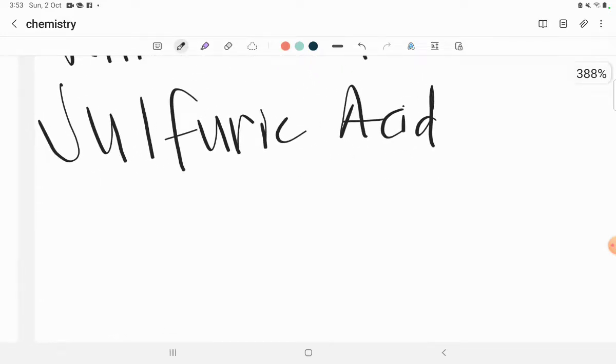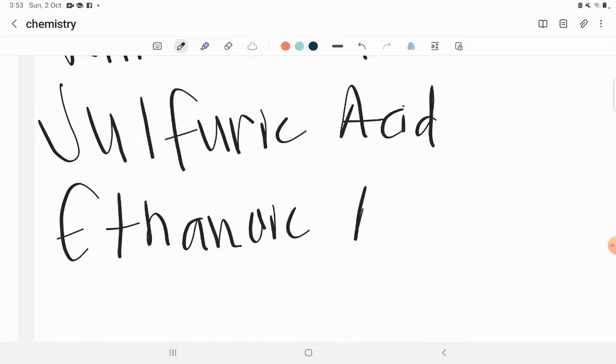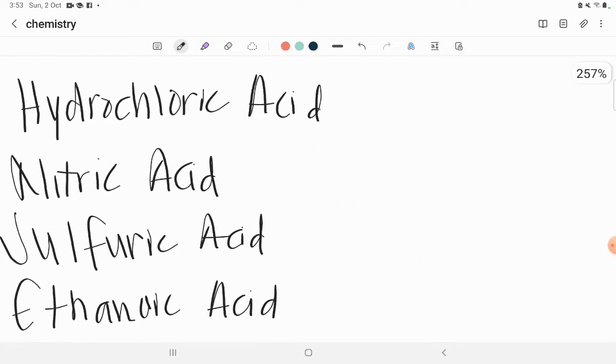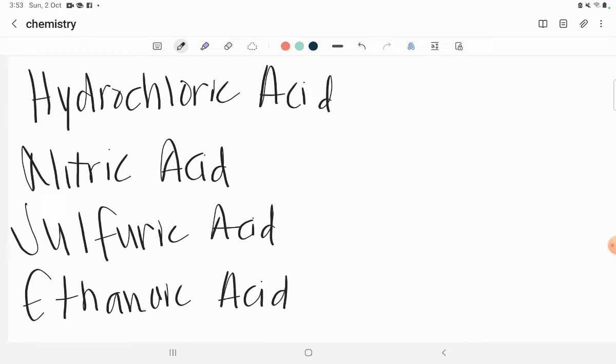I like the word sulfuric, it sounds cool. And one last one, ethanoic acid. It is part of the syllabus for us to remember the chemical formulas of these four acids.